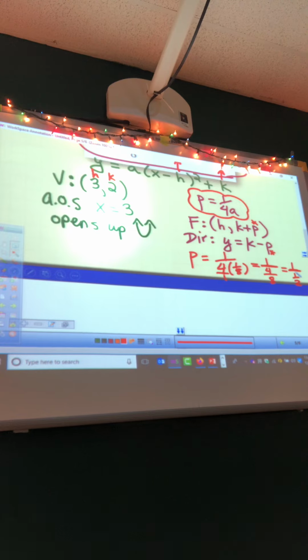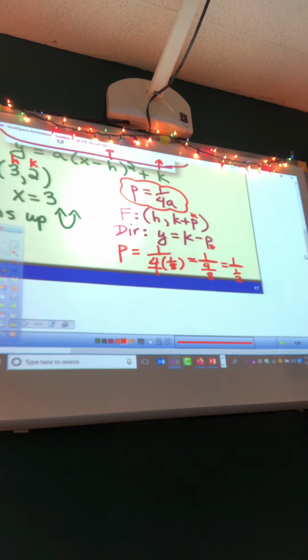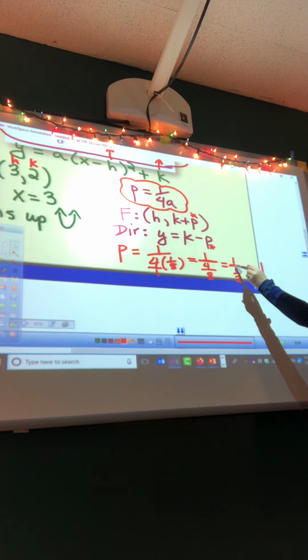Does anybody know the rule? When you have a fraction within a fraction, we really do what? Oh, my other class didn't remember either. Multiply by the reciprocal. Yes. Okay, so we're going to take that top and multiply by the reciprocal of the bottom, the 1/2. Reciprocal means what?